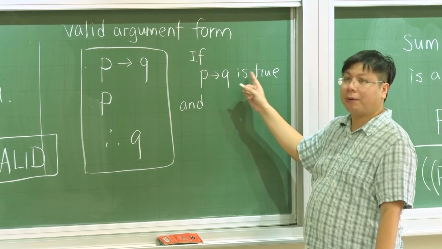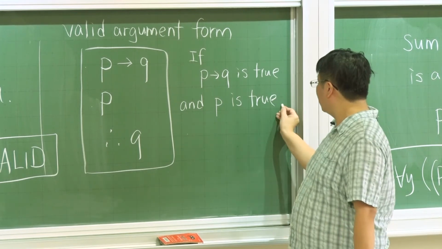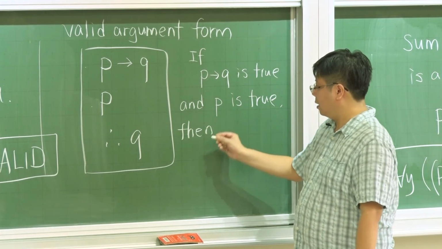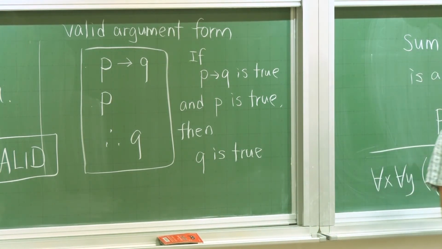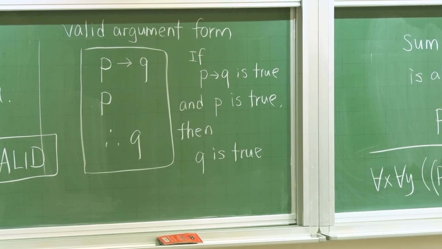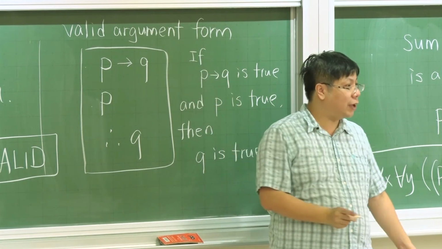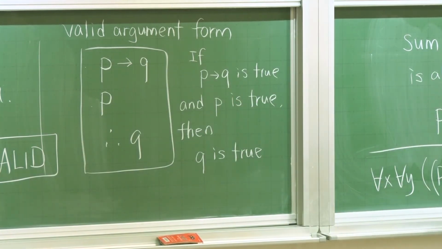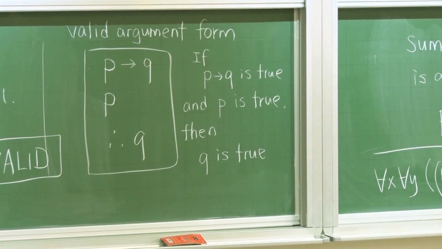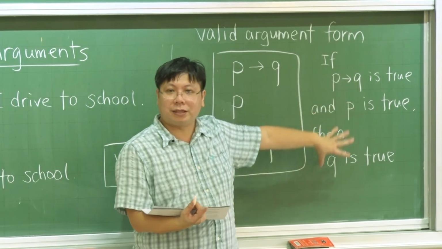It is because if P implies Q is true and P is true, then Q is true as well. If all the premises are true and the conclusion is true, then this is a valid argument. We are using P and Q to represent general propositions, so this is a valid argument form. So let me introduce the others to you. All of them, you can check whether they are valid argument forms by using this reasoning.